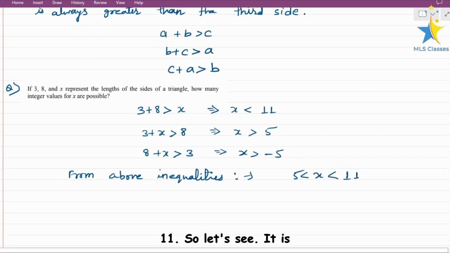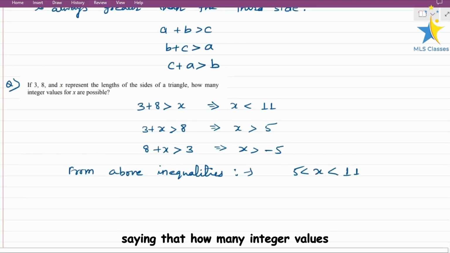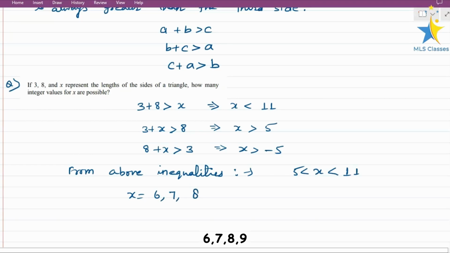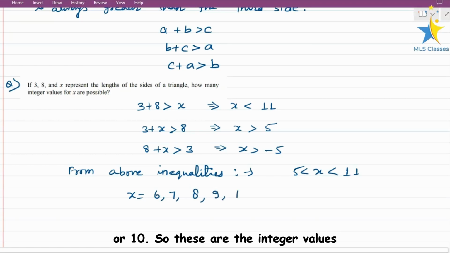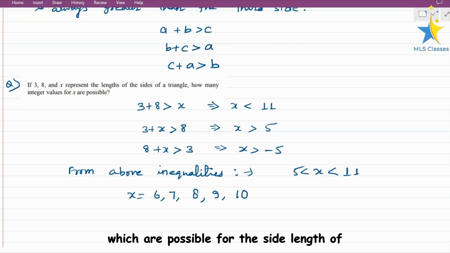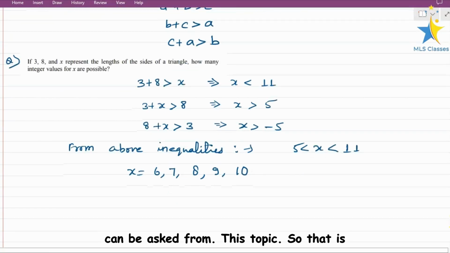It's asking how many integer values of x are possible. So x can be 6, 7, 8, 9 or 10. So these are the integer values which are possible for the side length of this triangle. This type of question can be asked from this topic.